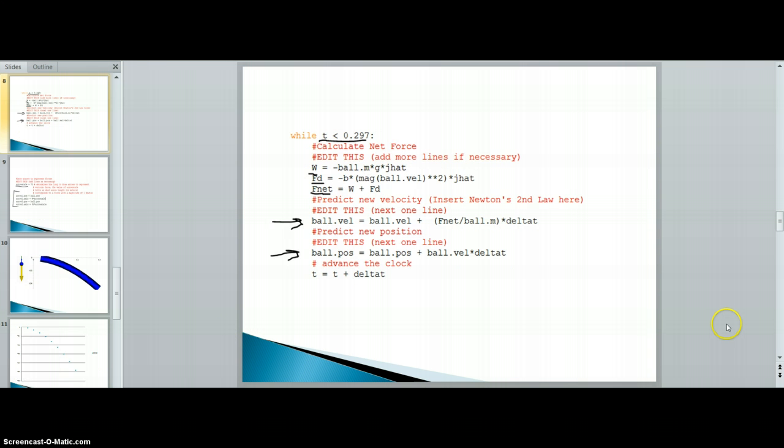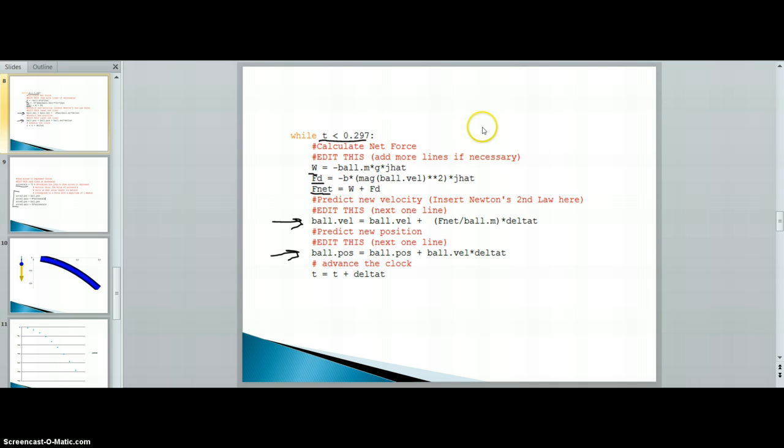Then we go into the actual equations. I used the while loop, and the time was 0.297 due to the 9 frames I used, so it was 9 times delta t, which was 0.033, which gives us 0.3 pretty much, approximately. And the weight is just negative m times g times j hat for the unit vector.